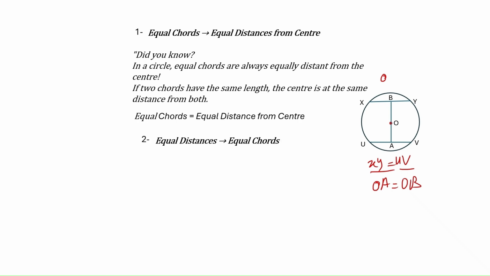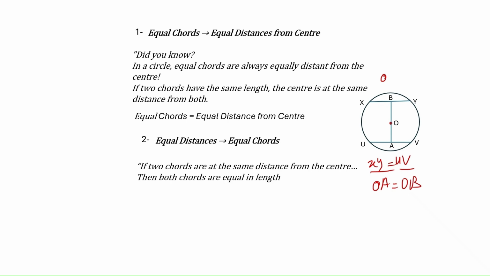And the second theorem is about equal distances: if the two distances from the center to A and from the center to B, meaning OA, are equal to OB, then the chords will be equal.